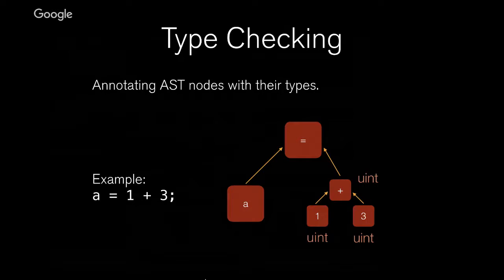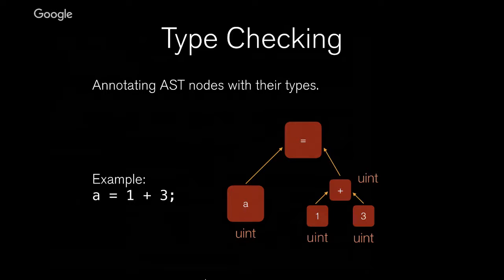So a binary expression of a plus between a uint and a uint results in a uint. So the variable a must be able to hold, maybe not exactly a uint, but some type that handles that or can be cast to that.